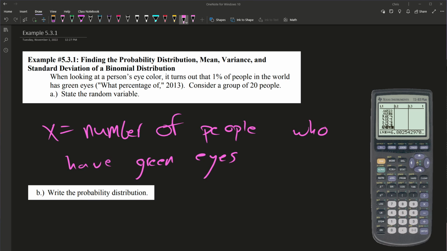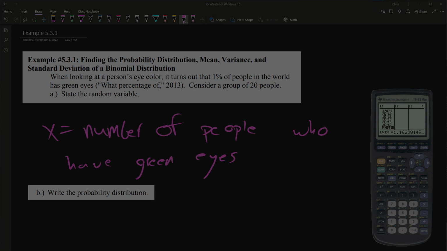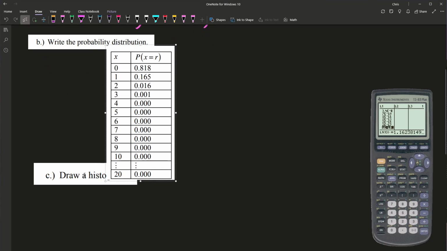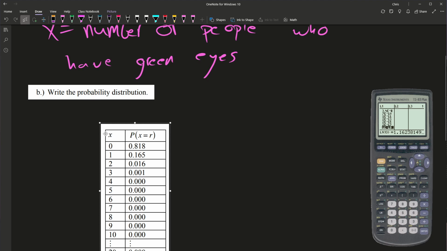But they're not. They are possible. They're just unlikely. So the probability distribution looks like this, or whatever we obtain in our calculator. I don't have the X column in mine over here.